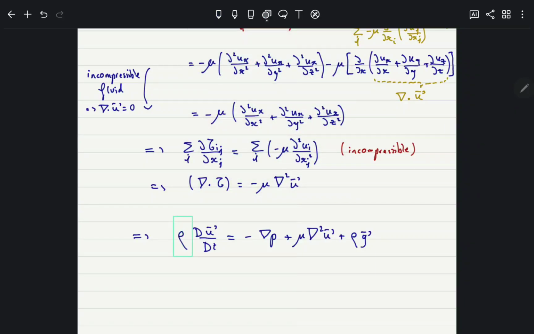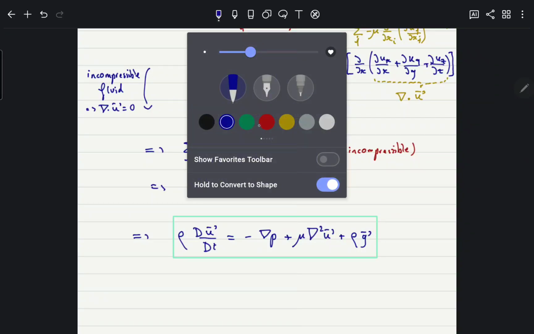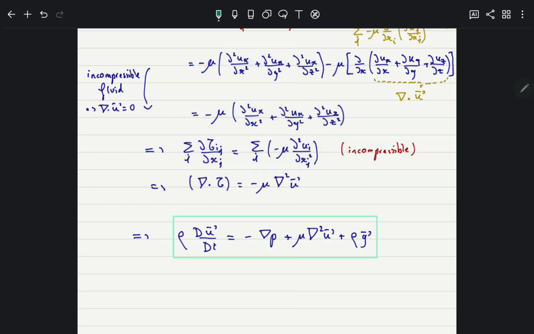And that is the equation that we were looking for: the Navier-Stokes equation for an incompressible Newtonian fluid with constant viscosity.